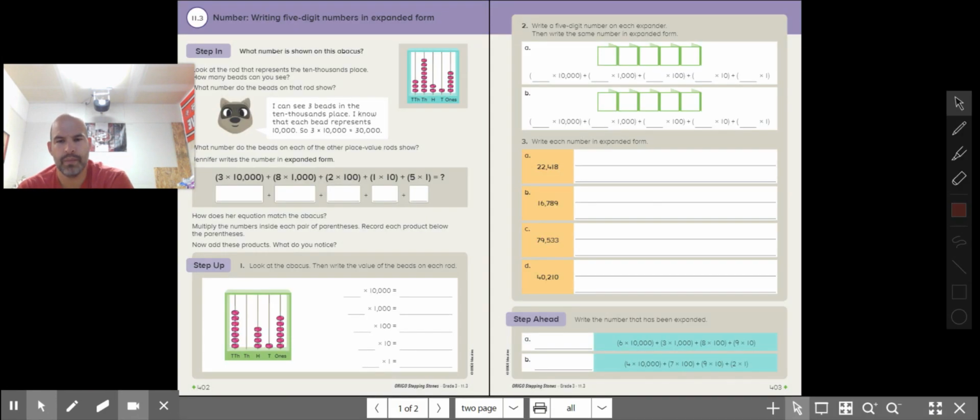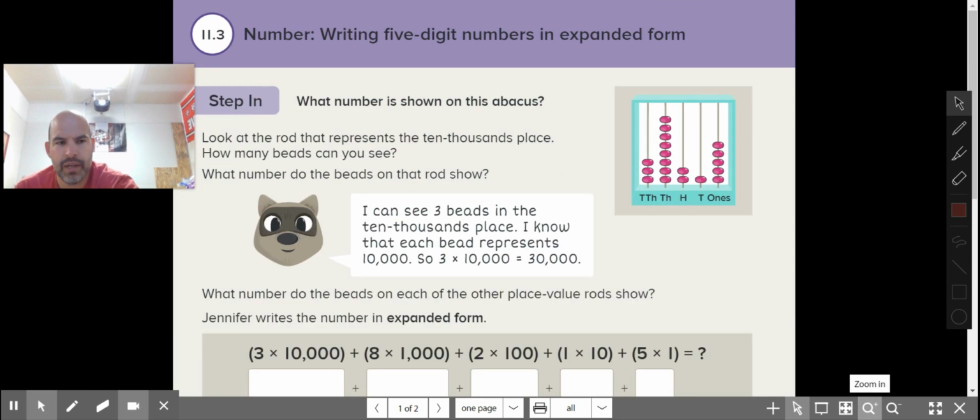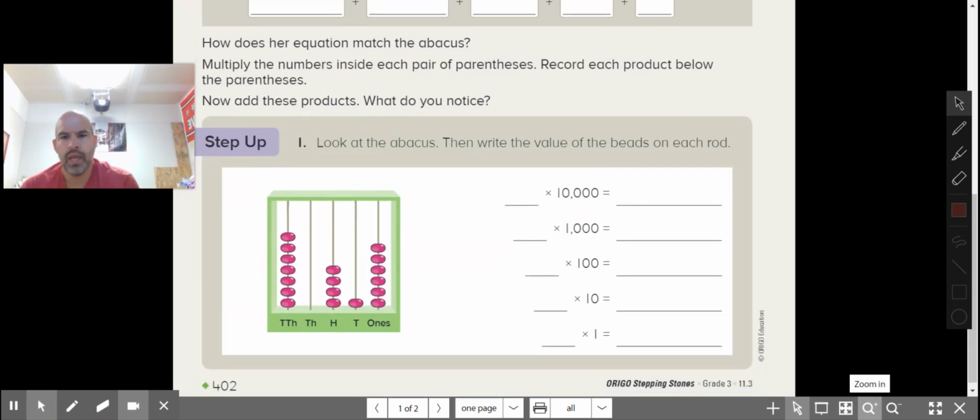Okay. Now let's go ahead and jump into our first page of your lesson. Now I know you're already there, but mine's a little bit different than yours. So down here, it says, look at the abacus, then write the value of the beads on each rod.